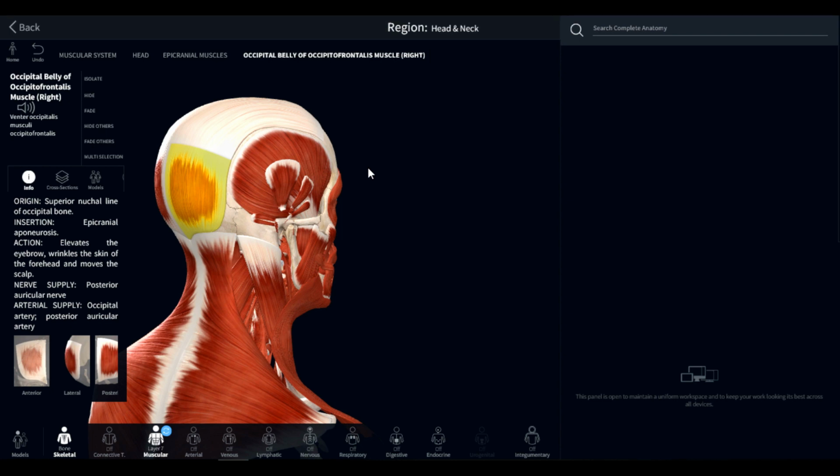This is a branch of the facial nerve when the facial nerve is within the cranium, and it splits off early in the facial nerve's root. And the arterial supply for this muscle is done by the occipital artery, which is another artery part of the external carotid. So it's another branch from the external carotid.